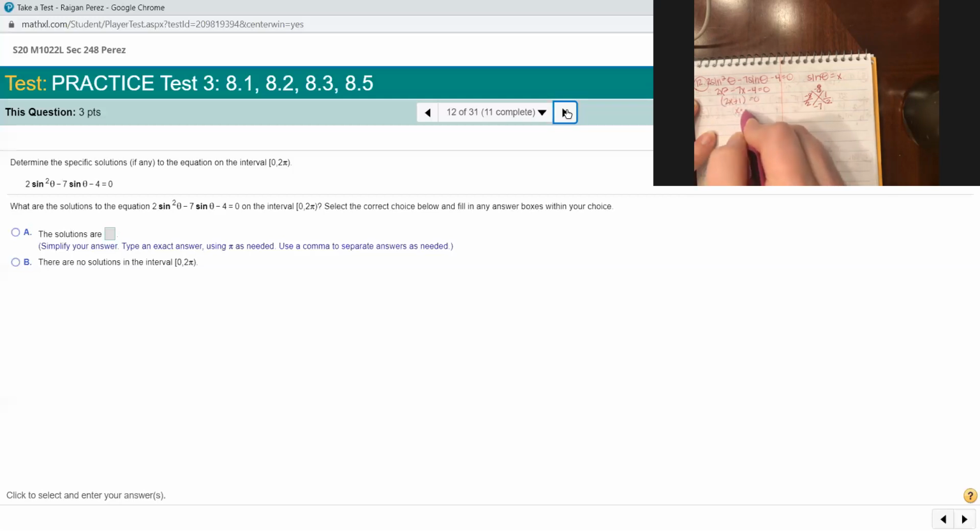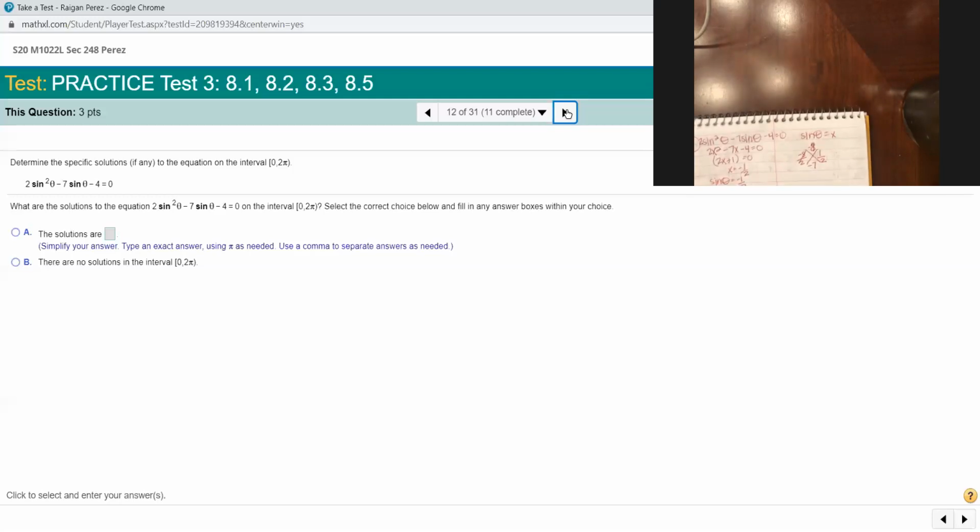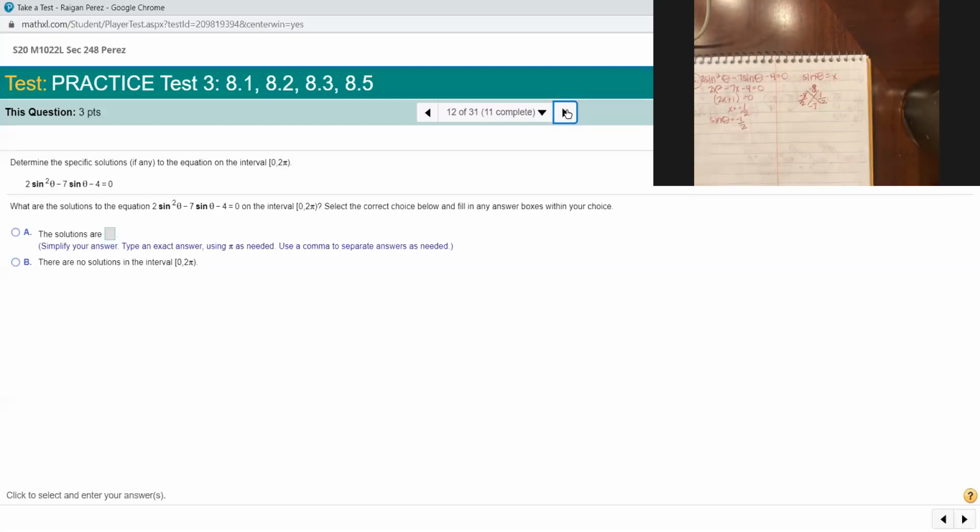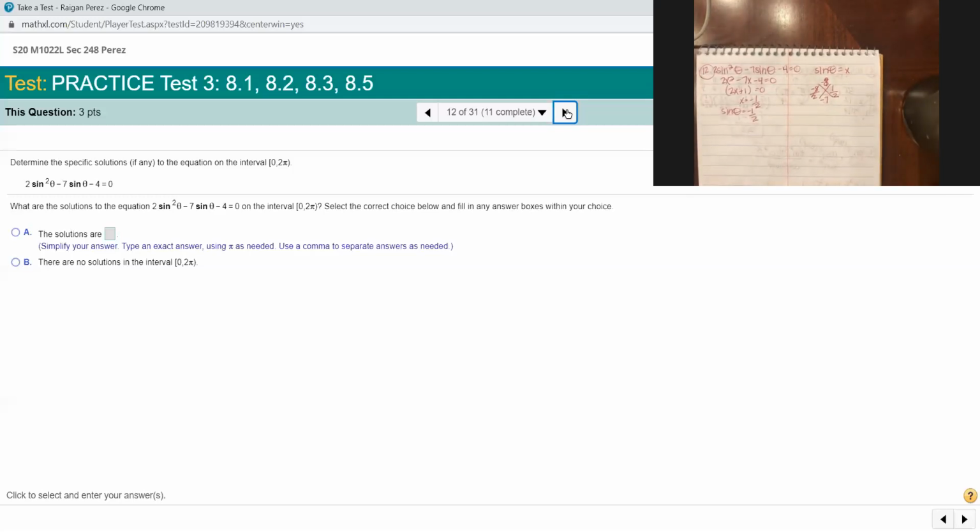That means x is equal to negative 1/2. That means sine theta is equal to negative 1/2. So it's negative 1/2. Sine is, that should be a pi/6 angle. But it's when sine is negative, so that's here and here. 5 pi/6 and 11 pi/6 would be your answers for that one.